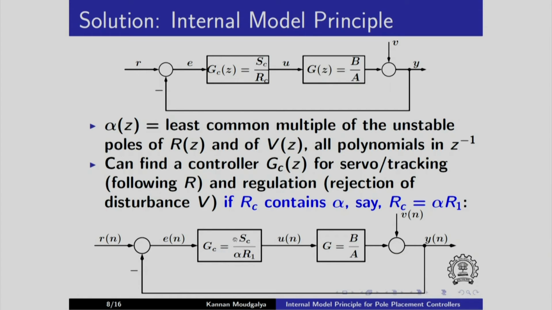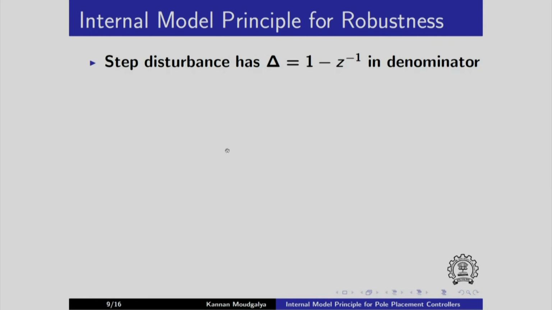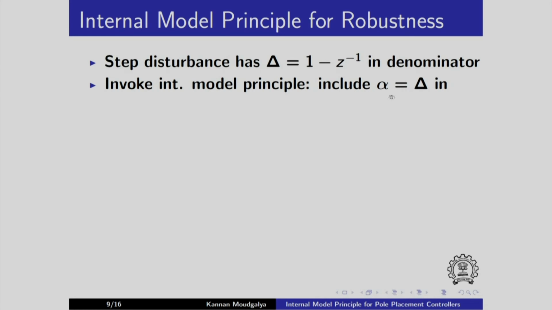This is the internal model principle. So here we have the step disturbance, because we are talking about tracking set point changes. Now the step input has delta in the denominator, which is 1 over 1 minus Z inverse. So let us invoke the internal model principle, namely choose alpha equals delta in RC.